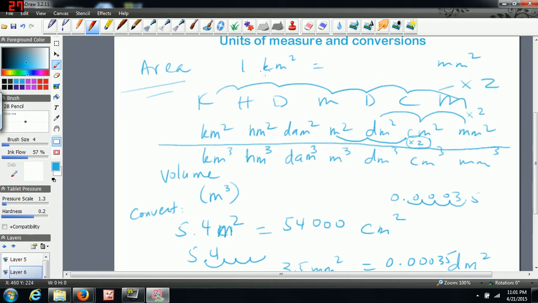So it actually moves over 12 units. It goes 1, 2, 3, 4, 5, 6, 7, 8, 9, 10, 11, 12. So you fill in 12 zeros, and that's how you get your millimeters squared. So a little bit different when you're dealing with kilometers squared units for area conversions.